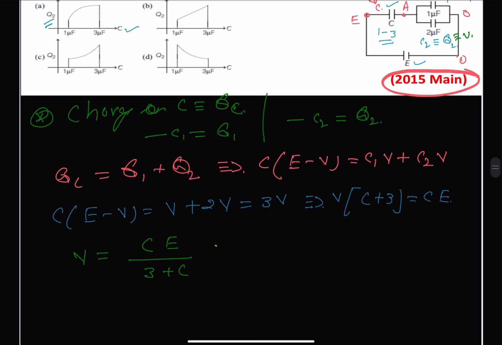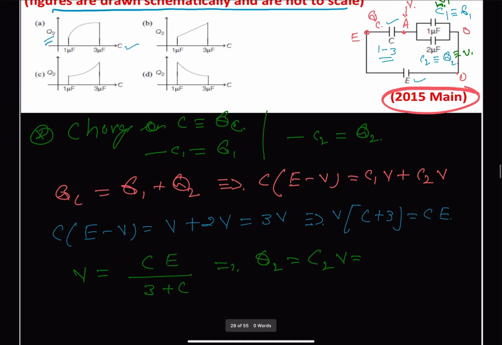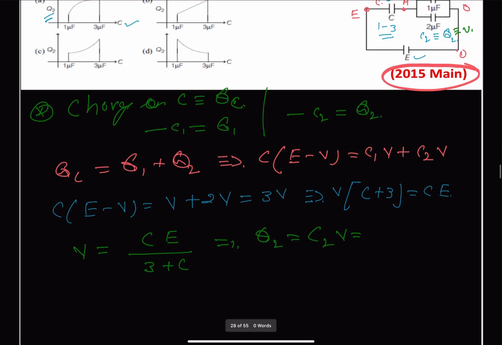So from here we can write our charge Q2 will be equal to C2 times V. We substitute the value of V. C2 is given to us as 2 microfarad.